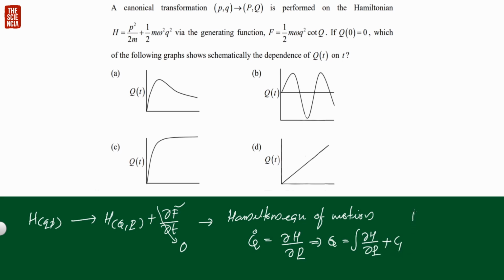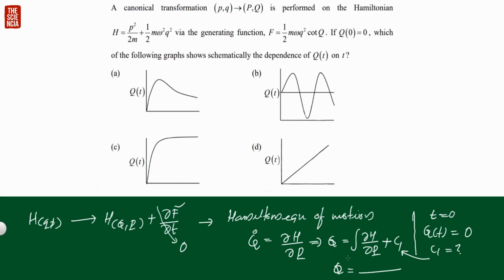And now you have to use the initial condition, that is at time t equal to 0, Q of t is equal to 0. So by substituting this condition, you can find out C1. And substituting this value of C1 in this equation, you get the relation for Q. So from this Q, you can find out which one is the possible graph. So this is the procedure, okay.